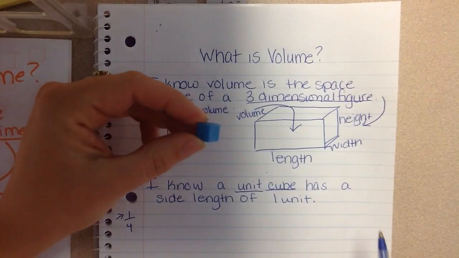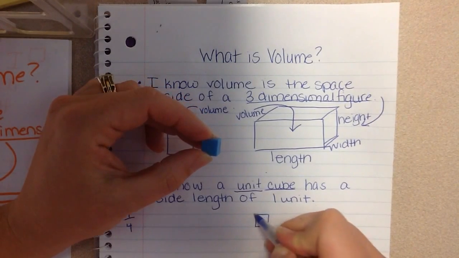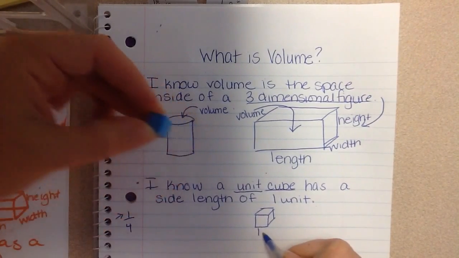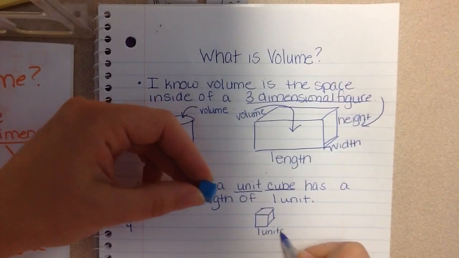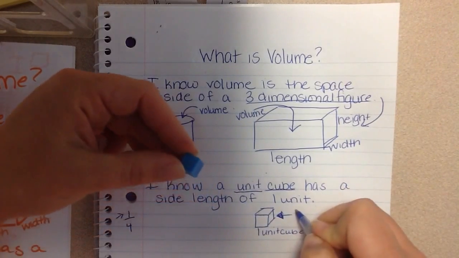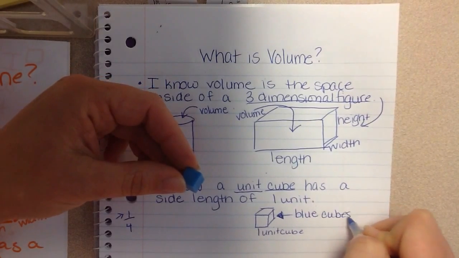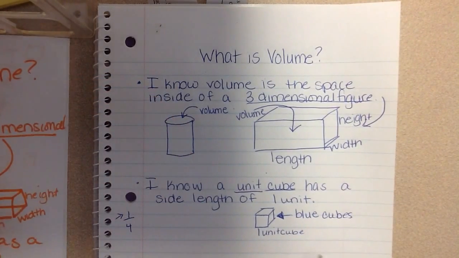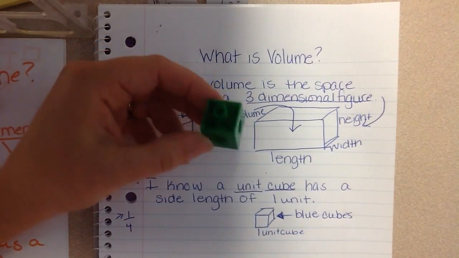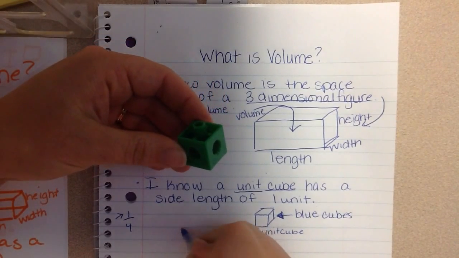We're going to use these little blue cubes that we use sometimes when we're talking about place value. So this has a side of 1 unit. Since I don't have colors here, my pen does happen to be that color, but I'm going to write down those blue cubes that we use. The side length is 1 unit. We might also use these snap cubes to fill up space. We're going to use these for an activity on our math contract this week.